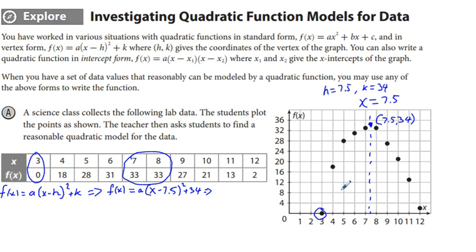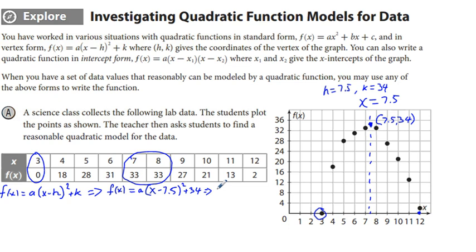That's going to guarantee that we hit this point on the x-axis, but also because of symmetry, we are 4.5 away, so we're going to hit the x-axis 4.5 units to the right. Going to the right from 7.5, 0.5, 1.5, 2.5, 3.5, 4.5, we're going to hit this point at 12, 0. We should match the other points somewhat, maybe not quite as well on the right side, but that's what we're going to go with.